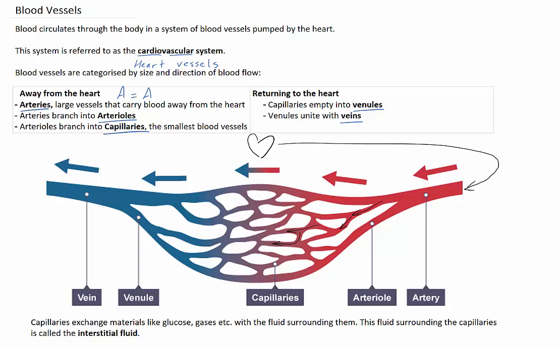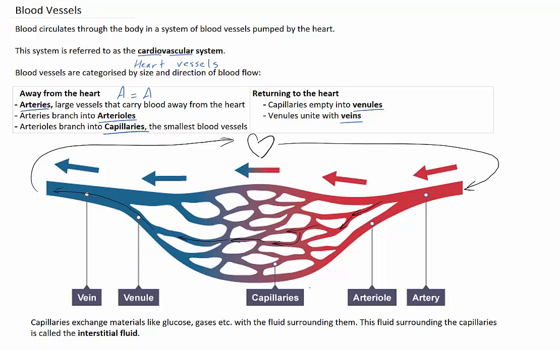This blood then eventually, after going through the various systems in the body, is oxygen depleted and needs to return to the heart. It goes through capillaries into larger venules and then eventually back up into veins, which then return blood to the heart.